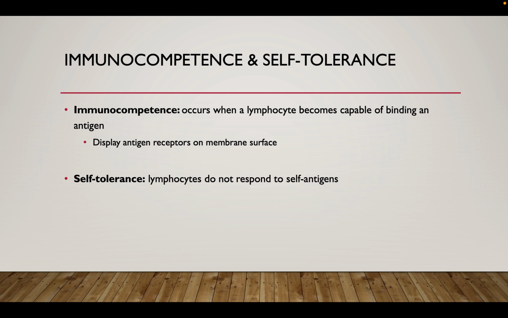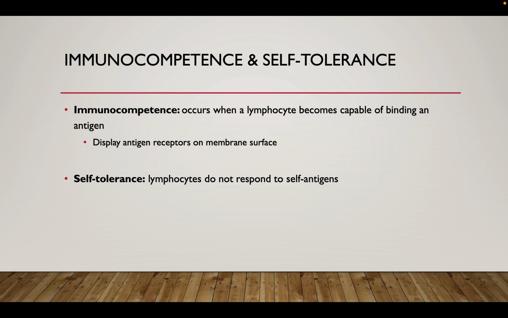So our cells display this idea of self-tolerance, in which we don't have our cells respond to our own tissues, and we actively get rid of and destroy cells that ultimately would respond to our own tissue.